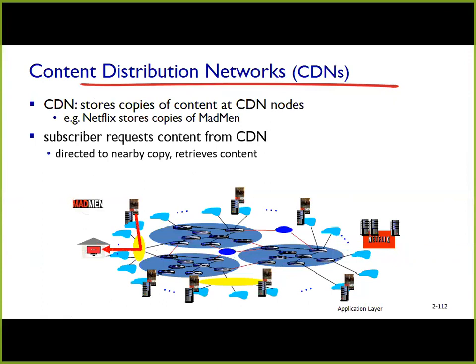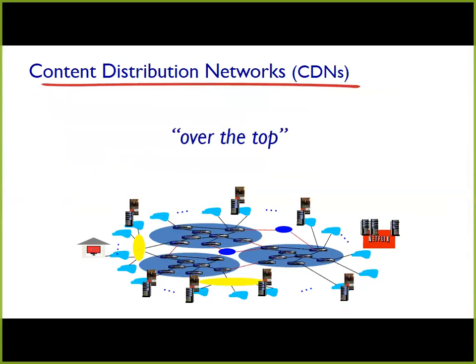In doing this, Netflix is going to figure out where their closest server is, and so you'll be directing your request to servers that are close to you. You can potentially choose a different copy if the network path is congested. This is what's called doing something over the top. You're doing it over the top of existing networks.